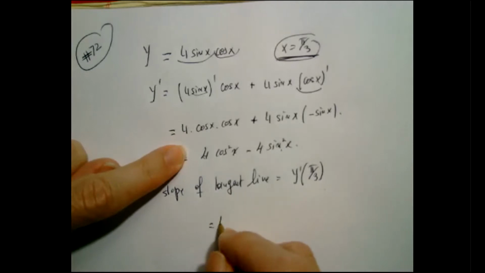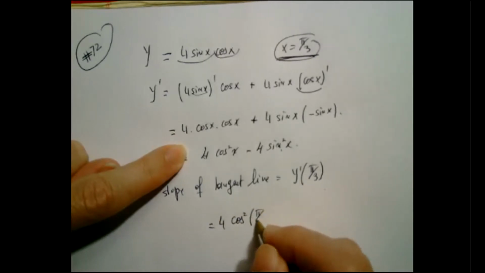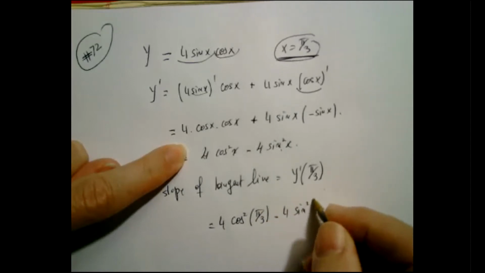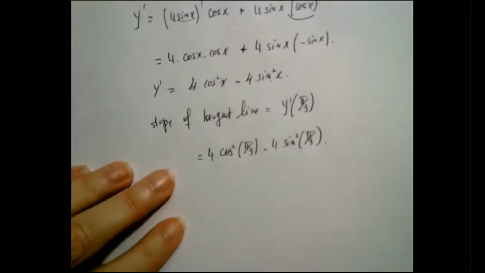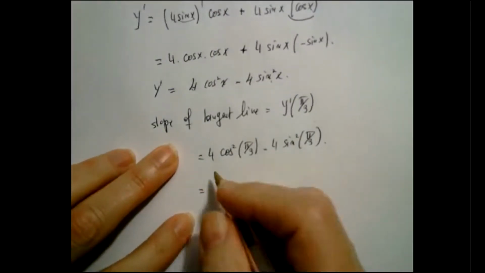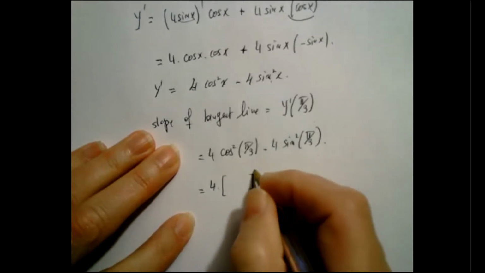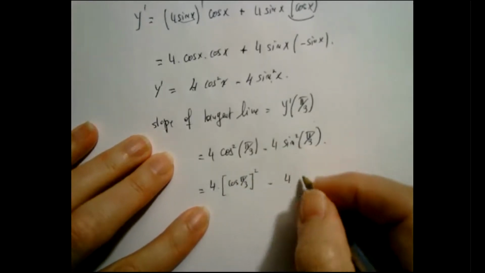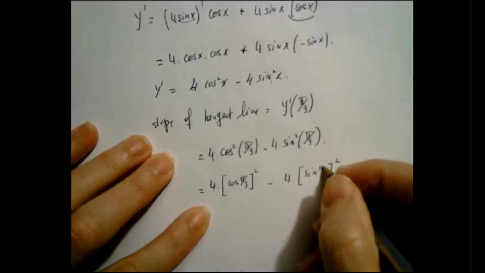So this is equal to 4 times the cosine squared of pi over 3 minus 4 sine squared of pi over 3. Remember, cosine squared is nothing more than the cosine of pi over 3 to the power 2, and this notation means the sine of pi over 3, squared.